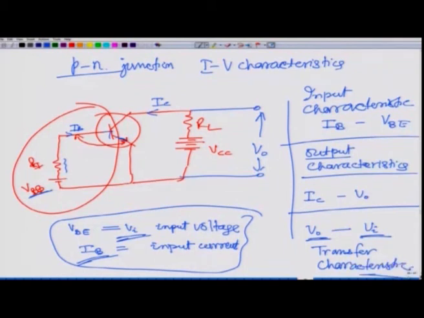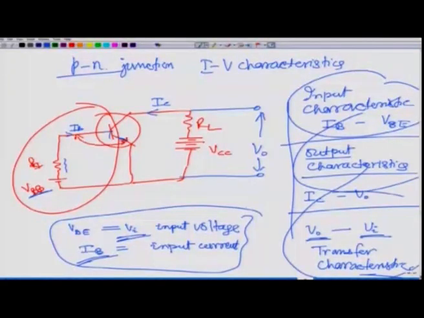Okay. So, we will stop here, and in the next lecture we will talk of all these input characteristics, output characteristics, transfer characteristics and so on.